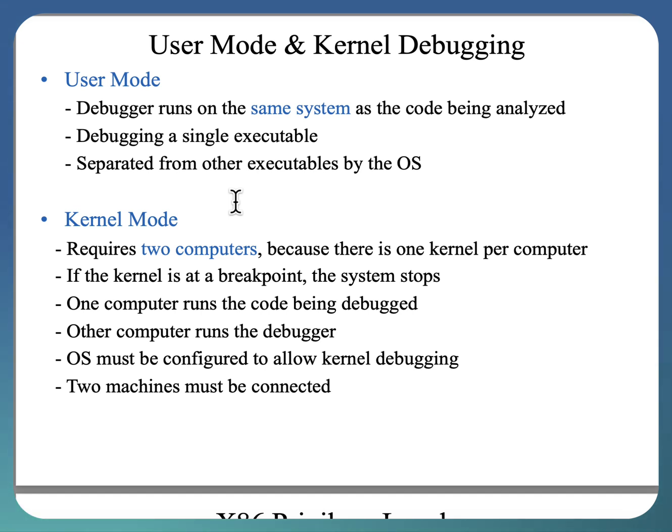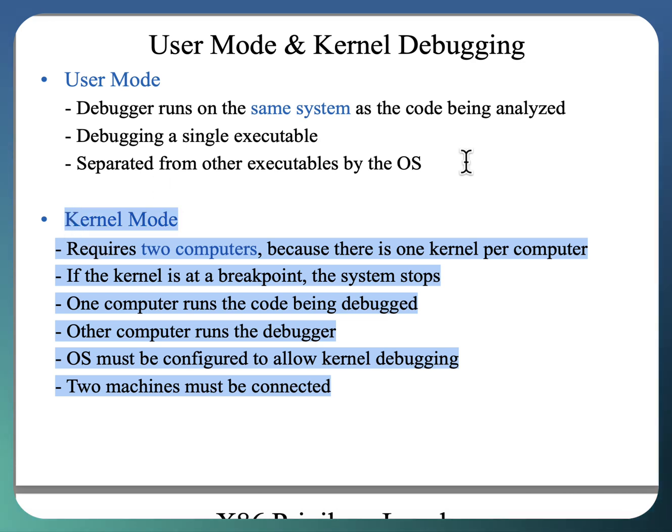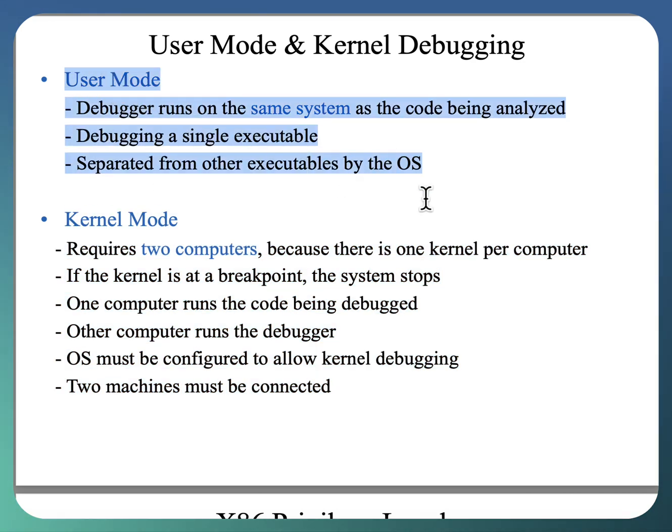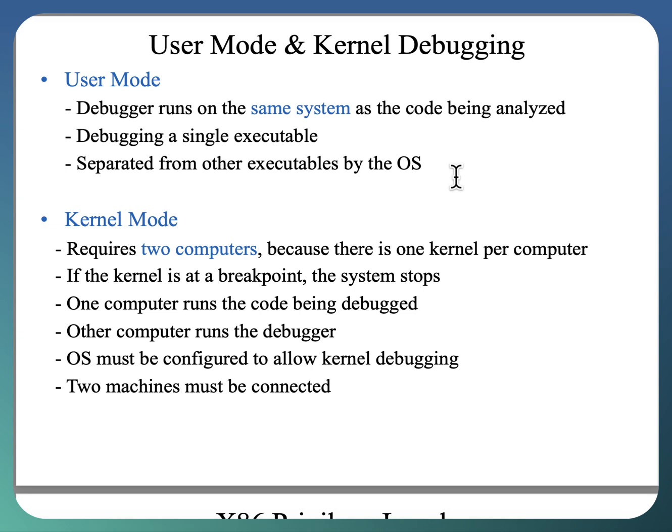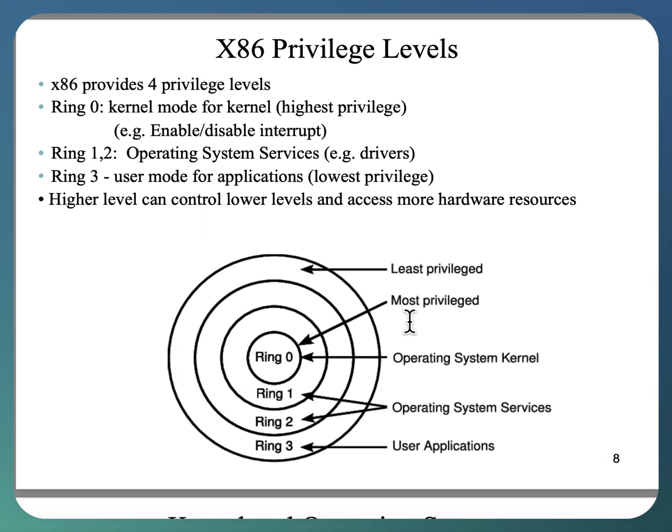That is why kernel mode debugging requires two computers. One that is going to be the computer to be analyzed, and the other one that is running the debugger. Which means that this is not what we're going to do. We're going to do user mode debugging. That's the kind of debugging that you need to use when you are debugging a specific application.